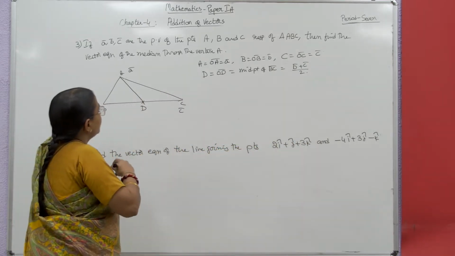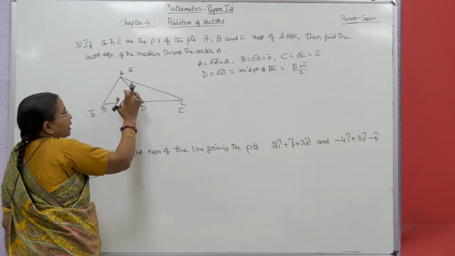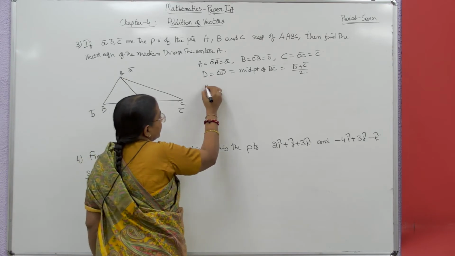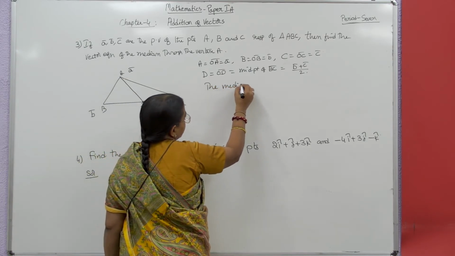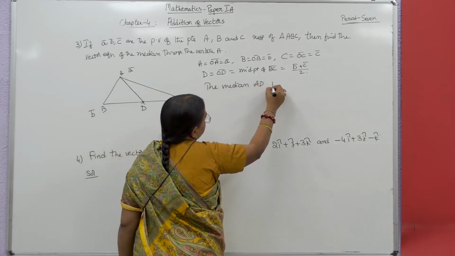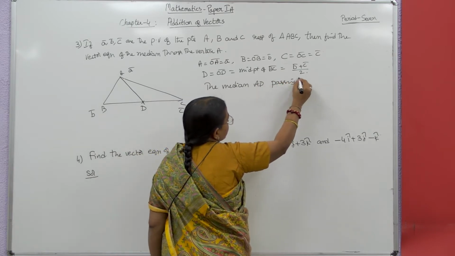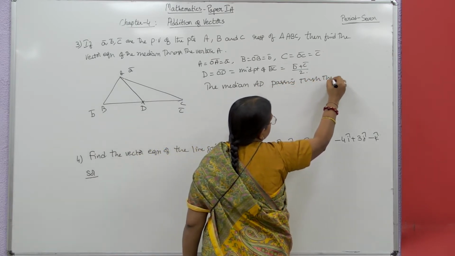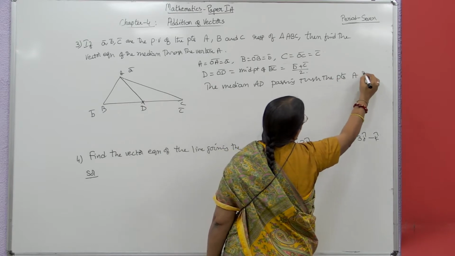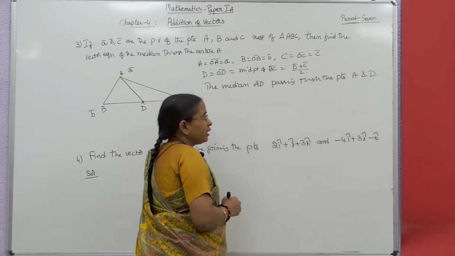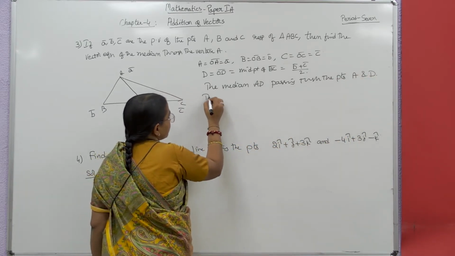Now the median AD is passing through 2 points A and D. So what is the vector equation of the line passing through 2 points?